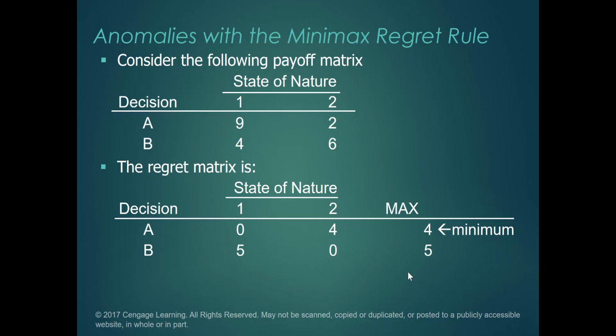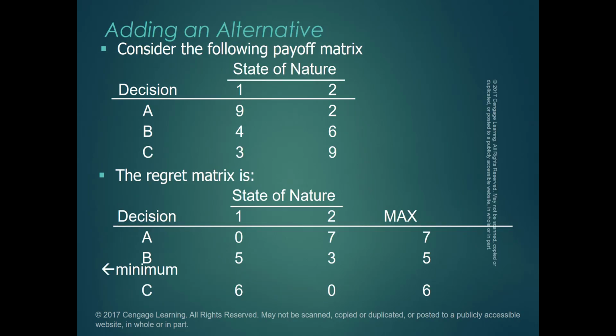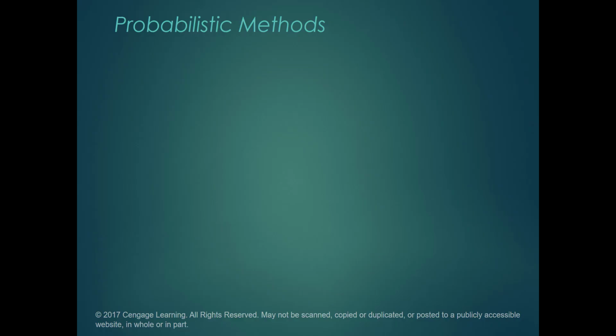But when we add a new alternative to this problem, let's say alternative C, then the story changes and we are picking alternative B as the optimal point. So you can see each method has its own weakness. Now in the next session we will cover the probabilistic methods.